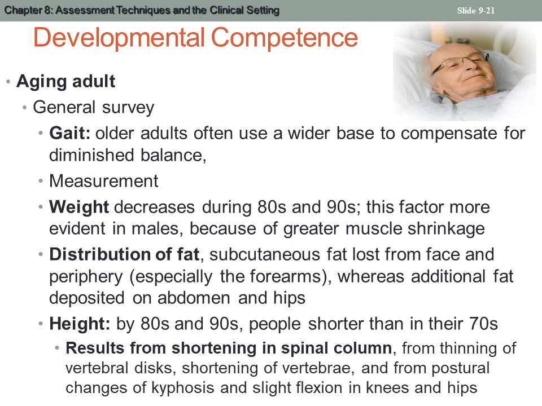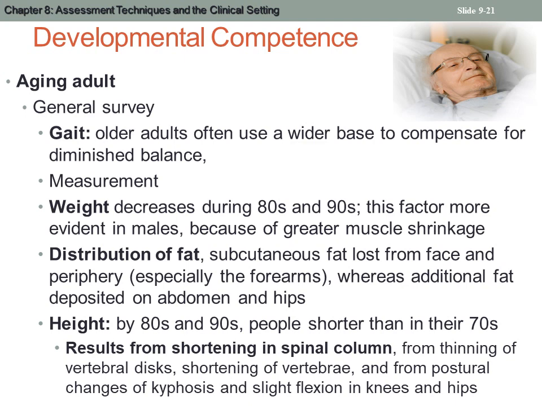Then there's also some flexion in the knees and the hips, which would bring the person a little bit closer to the ground. So their knees and hips flex a little bit, and then you've got that shortening of the vertebral column. So indeed, they are shorter.